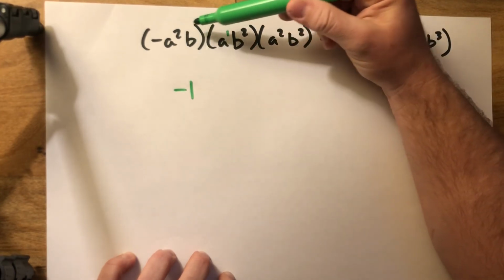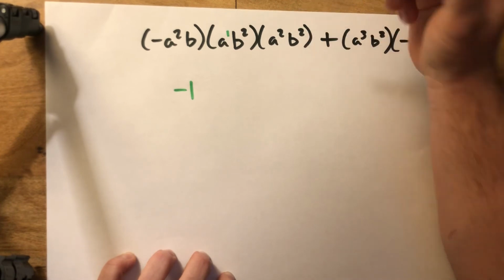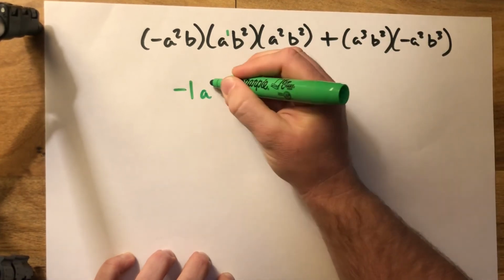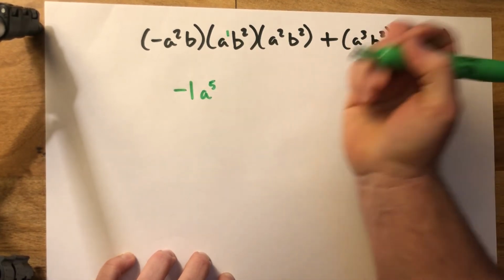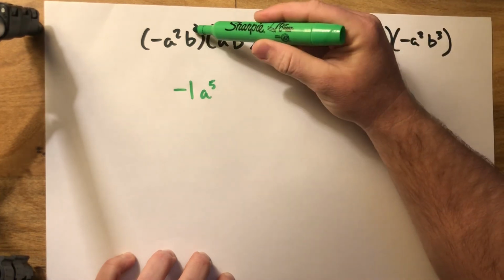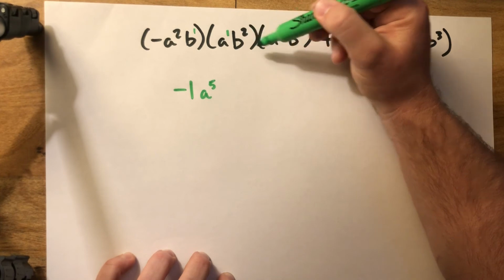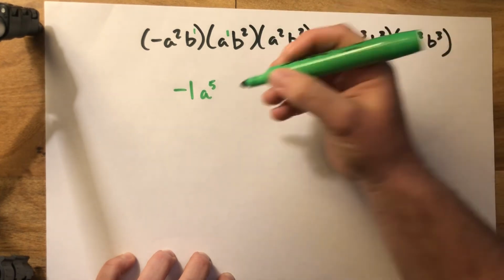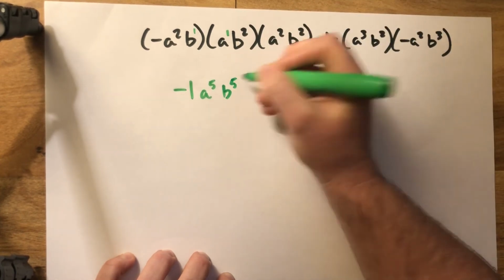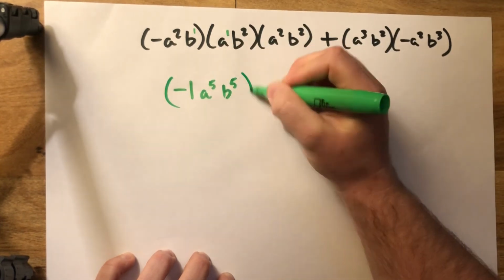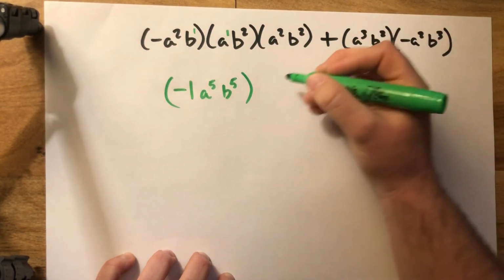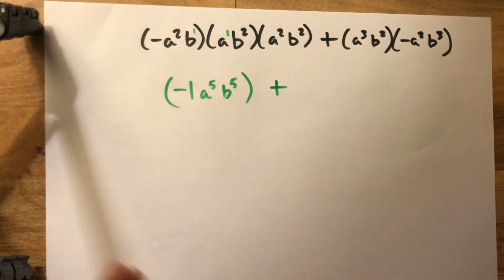So 2 plus 1 plus 2 more is a to the fifth. Let's look at the b's. B to the first plus 2 more plus 2 more would be b to the fifth. You can put in parentheses if you want to. Now we hit that addition sign, so that kind of separates our work. That's step 1.